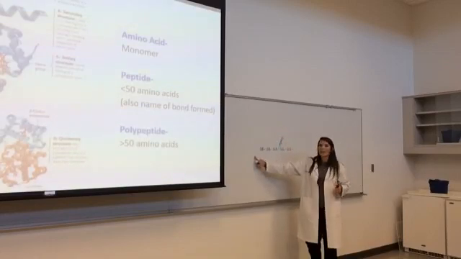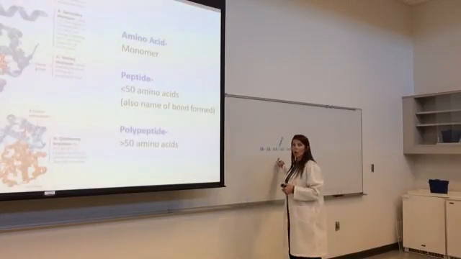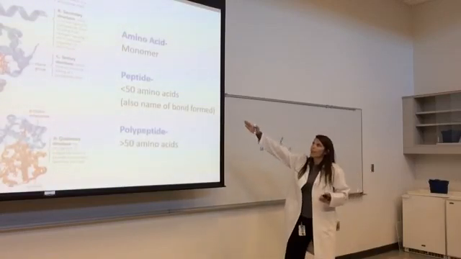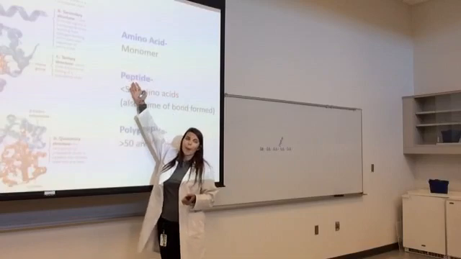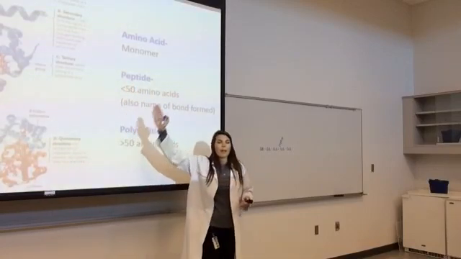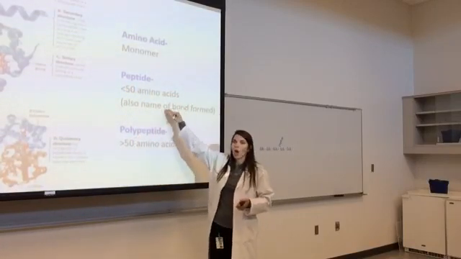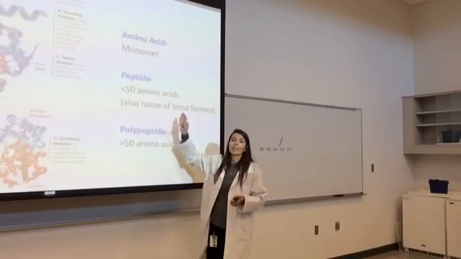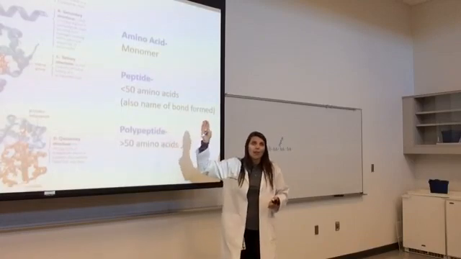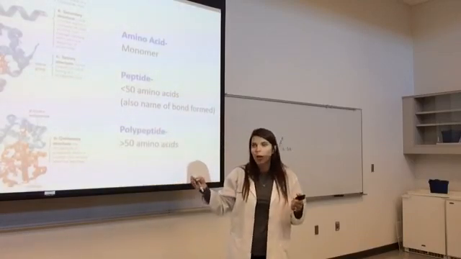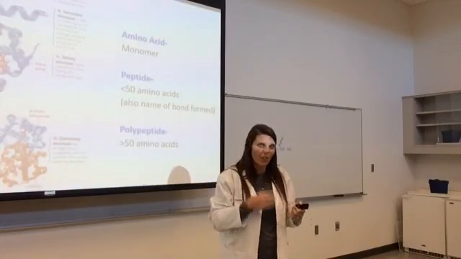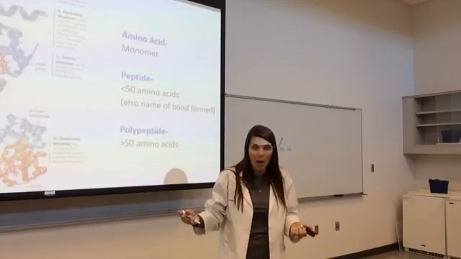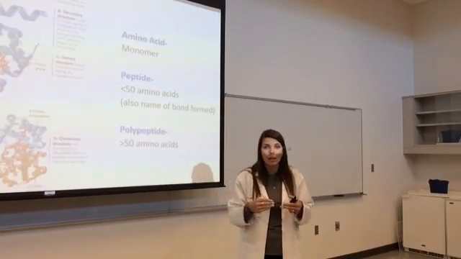When I have less than 50 amino acids, I don't call this a protein yet. If I have less than 50 amino acids, I refer to it as a peptide. This becomes confusing for students because peptide is also the name of the bond. Okay, so I'm clearly addressing that. The definition of a peptide when we're talking about a protein means that it has less than 50 amino acids. But it's also the name of the bond that is formed between those amino acids.